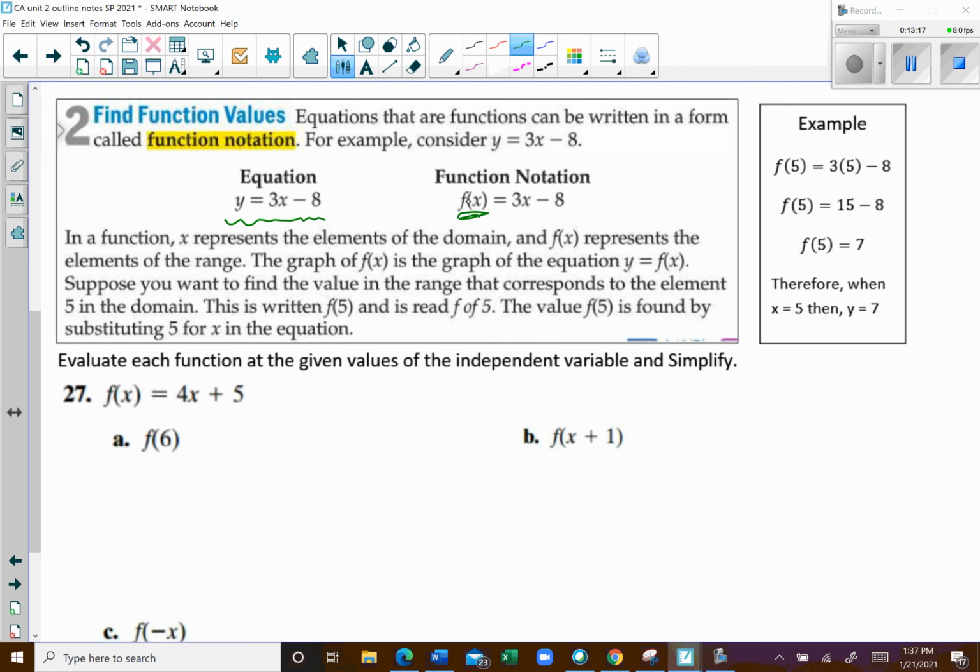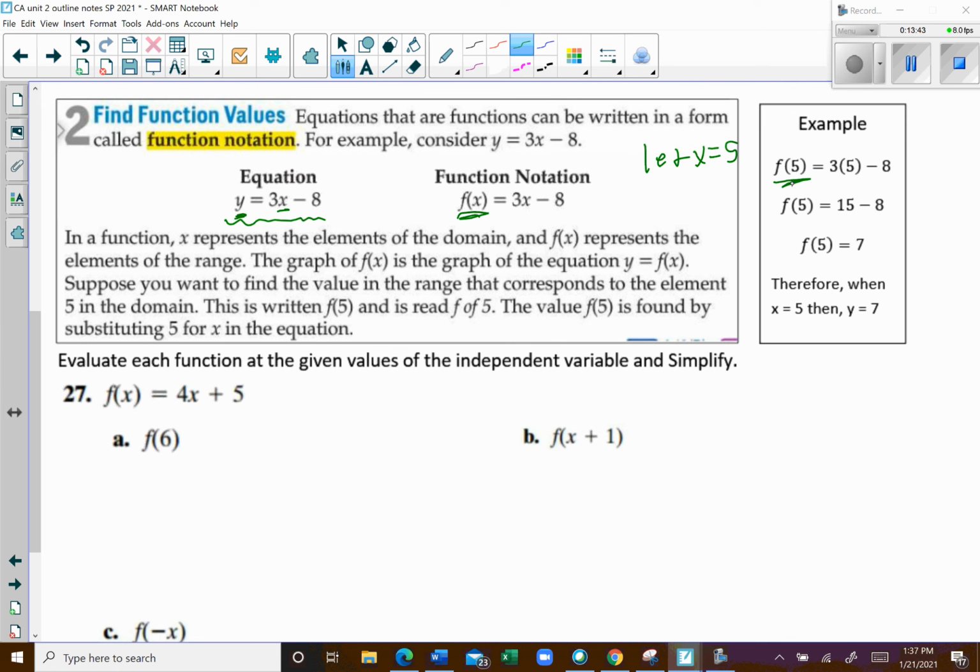And the reason why is that we'll replace that x with whatever value we want to substitute into the equation for x to solve for y, right? So instead of having to say let x equal 5, I know it's not a big deal, but instead of having to say that, we can just do f of 5.